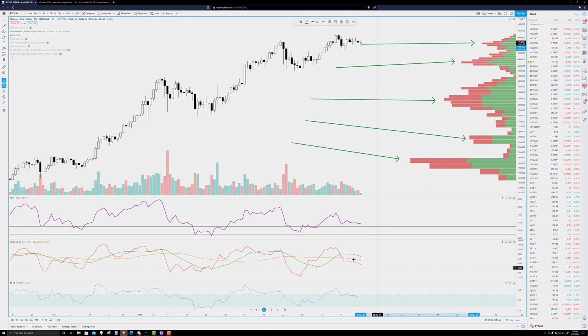Looking at the condition of the oscillators here, the RSI, the composite index, and the percent B, I'm waiting to see what happens with the percent B and the composite index.